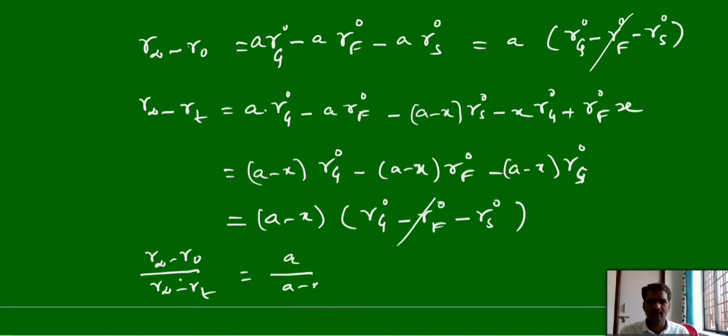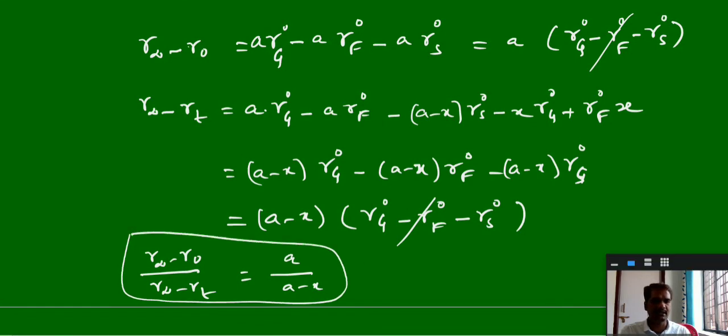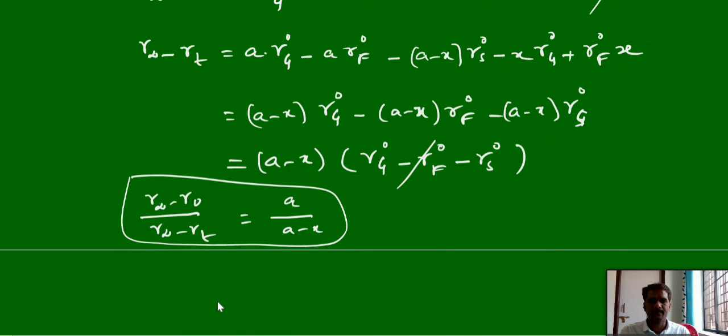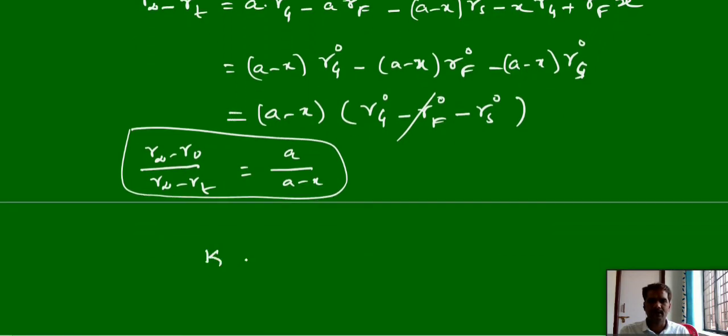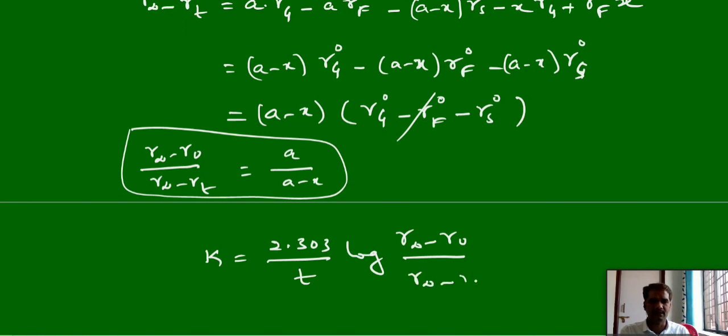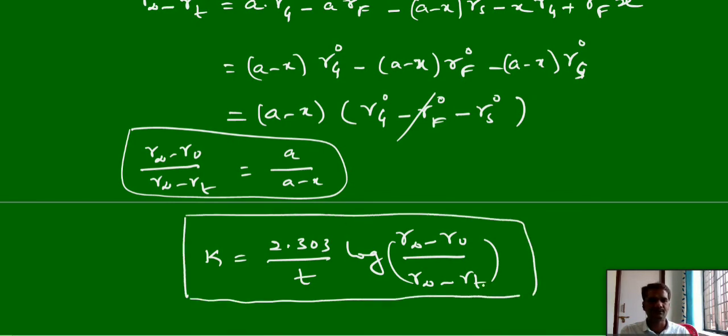A by A minus X. Now this A by A minus X value you substitute in the integrated rate equation, that is K equals 2.303 by t into log of R infinity, the optical rotation at infinity time, minus R0, by the optical rotation at infinity minus that at time t. This is the integrated rate equation for inversion of sucrose. So by using these values, again we can monitor the reaction.